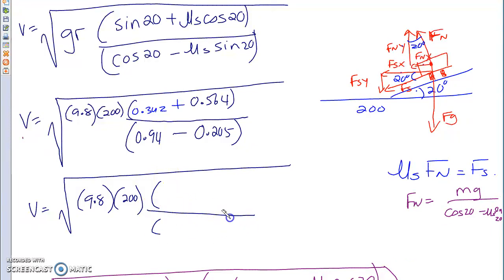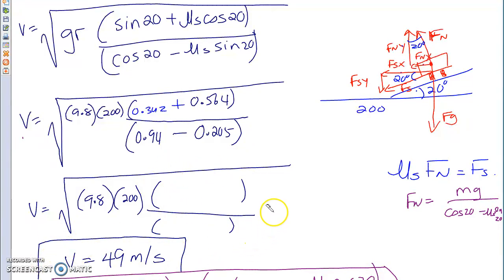And what do you get for the bottom part? Yeah. 49.15. That's correct. So 49 meters per second. And this is, yes, if you solve for it, that's what you're going to get. Are we good?